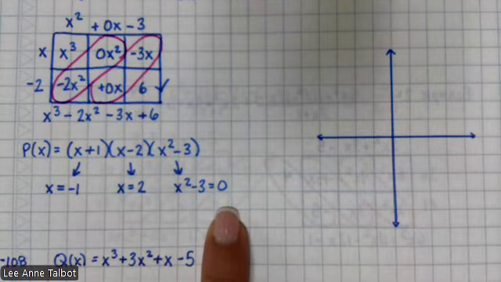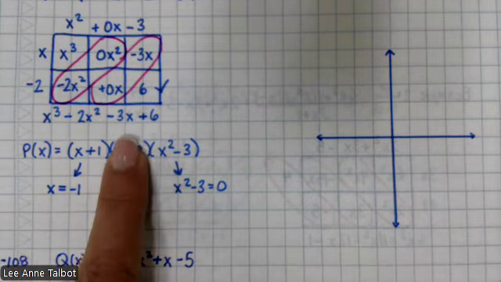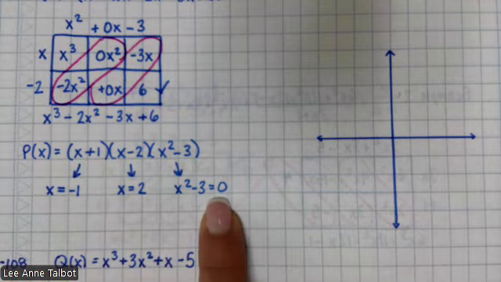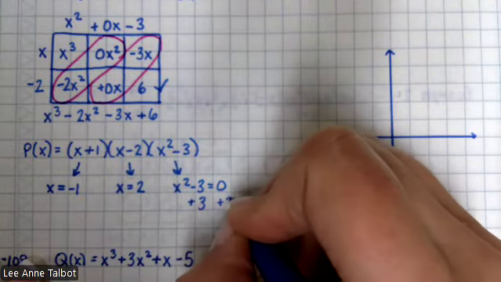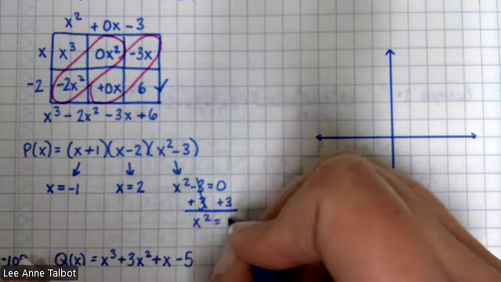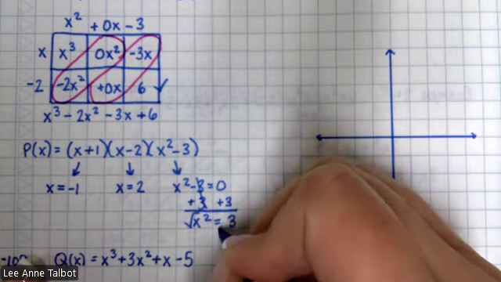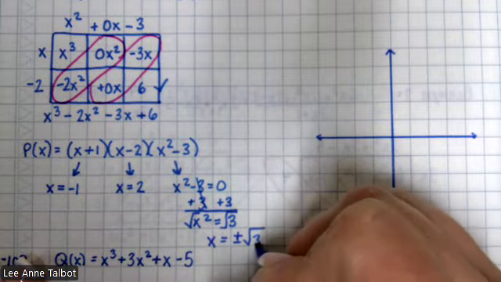Does that make sense? Are you sure that makes sense? Because like this I can do in my head, and this I can do in my head, but this I can't really do in my head, so I have to set it equal to 0. Okay. Plus 3. X squared equals 3. Square root, x equals plus or minus the square root of 3.